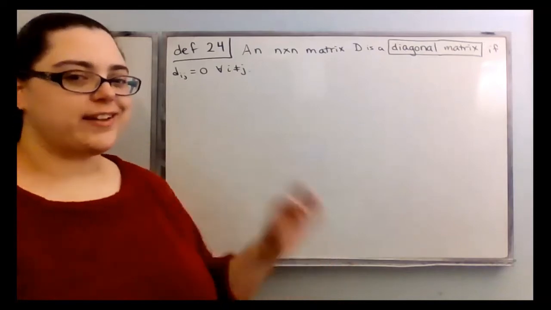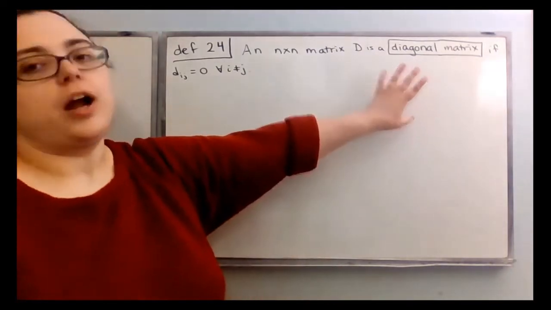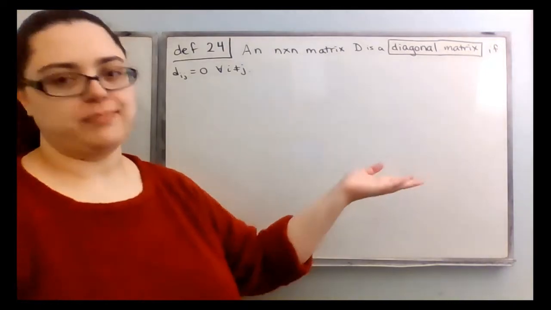In other words, the only non-zero entries of a diagonal matrix are going to appear along the diagonal, hence the name.